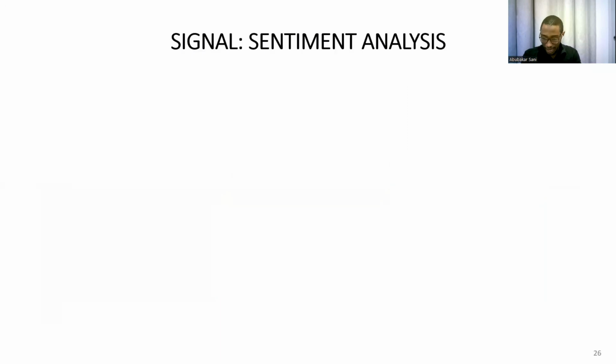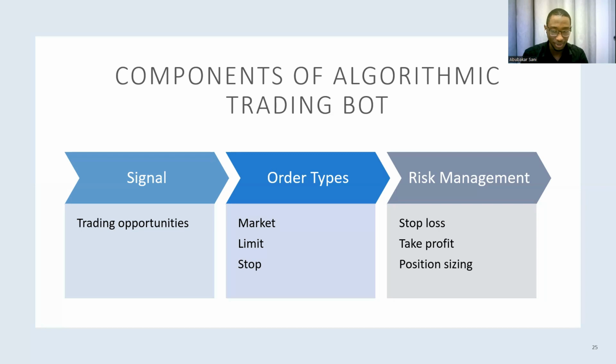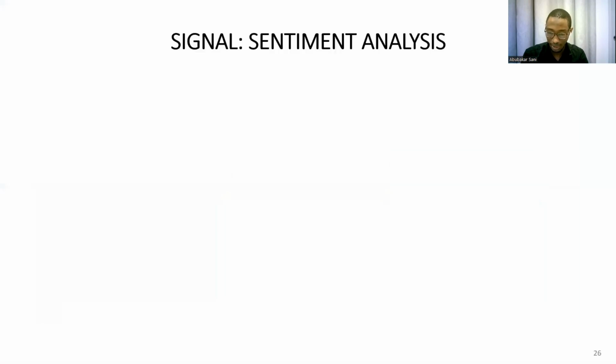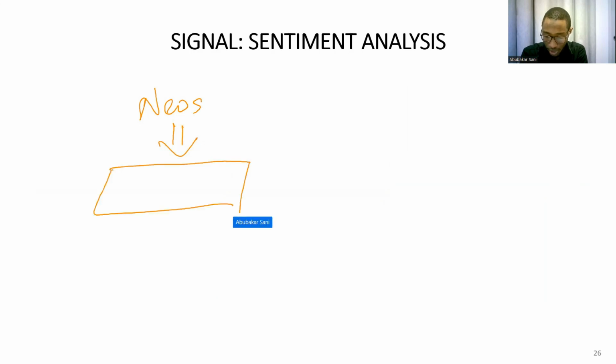Okay. So then how do we intend to use natural language processing to build these three components? We will start with the signal part. So how do we get a signal? Let's say we get news. Once we get news, we will feed it into our NLP system, and in this case, this one is sentiment analysis.